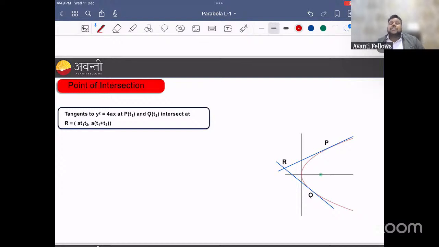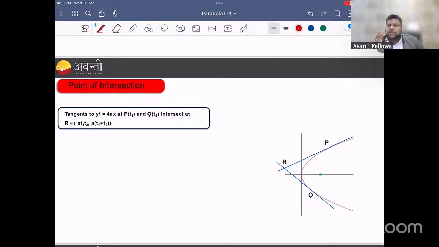You should remember that the equation of the chord joining t1, t2 is (t1 plus t2) y equals 2x plus 2a t1 t2.